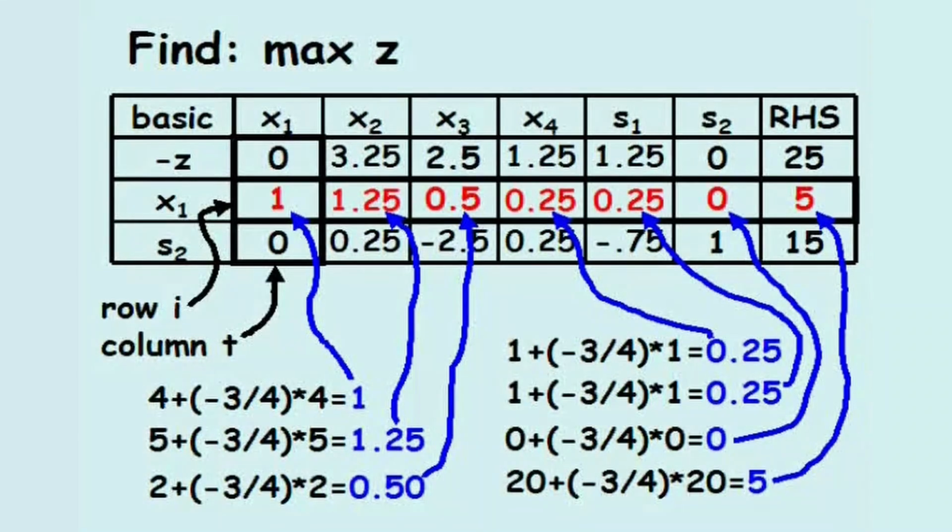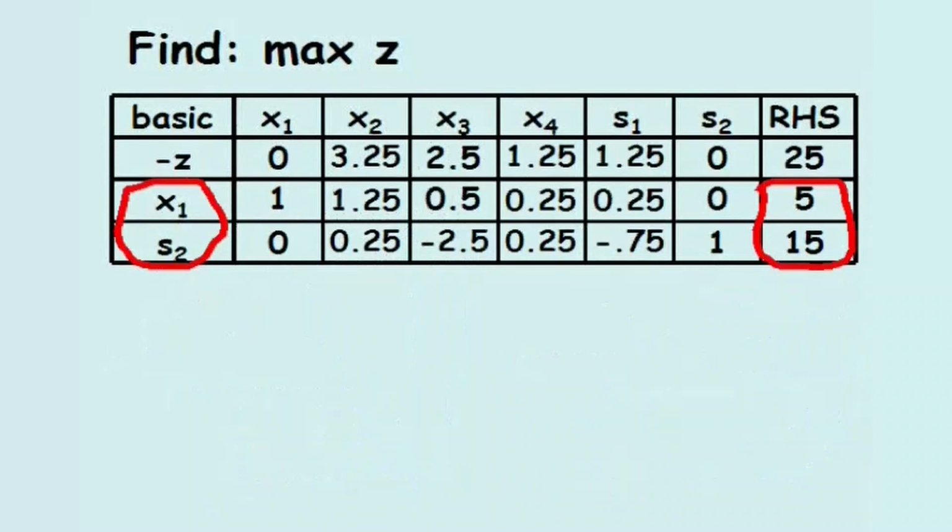At this point, the variables x1 and s2 are basic and equal 5 and 15 respectively. The other 4 decision variables are non-basic and equal 0. The revised reduced costs are shown along the top, and the current objective function value equals 25.